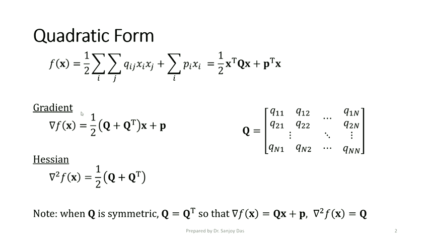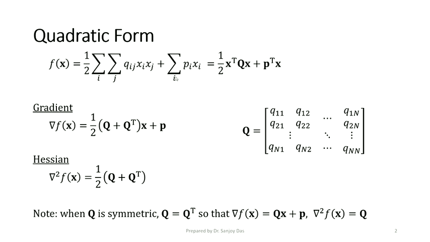So it's a multivariate function, and this is a quadratic function. This is q, and so half of summation i, summation j, qij, xi, xj, plus summation pi, xi, which can be represented in vector matrix form as half x transpose Qx plus p transpose x.